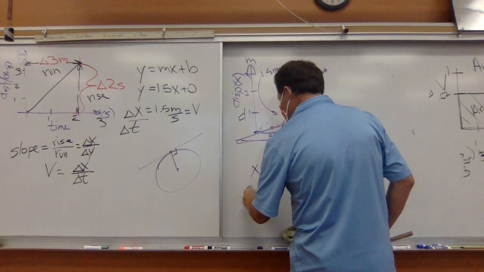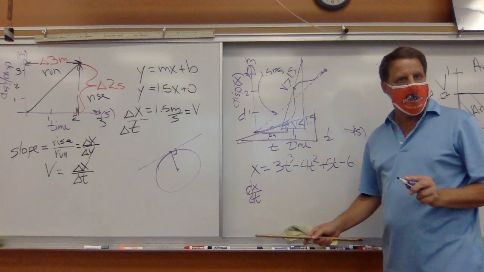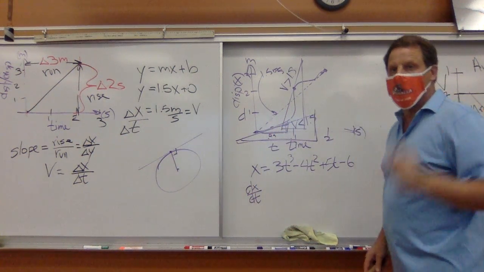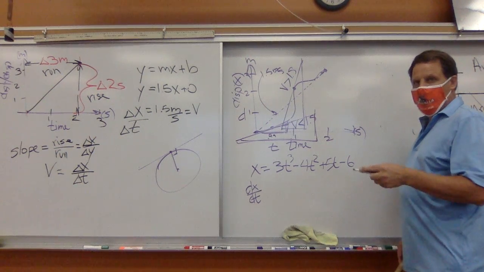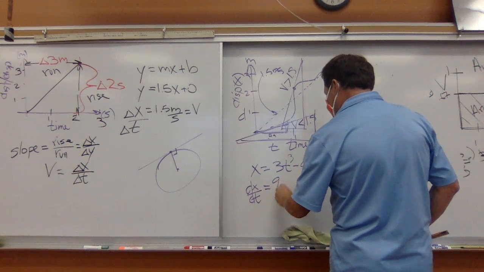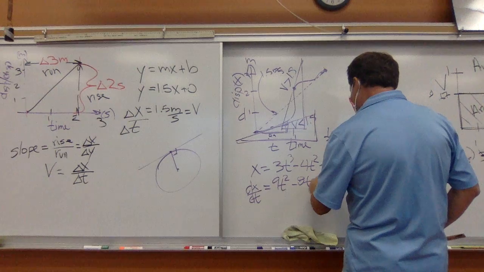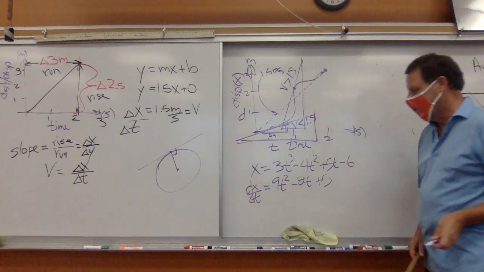The derivative of this, which would be dx/dt, from a calculus point of view. Again, non-calculus people, you're going to be fine here, and you will learn this. If we take this differential, this would be 9t squared minus 8t plus 5.